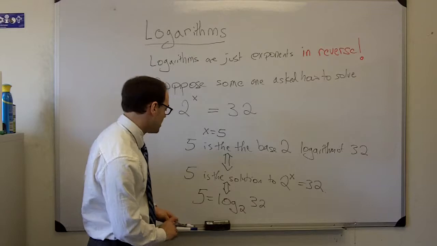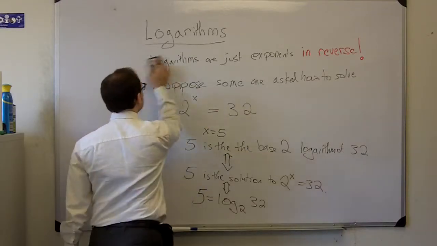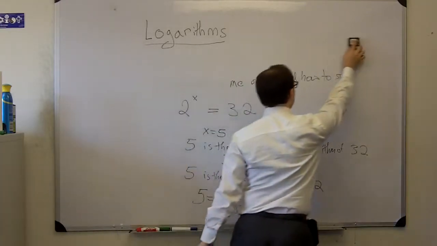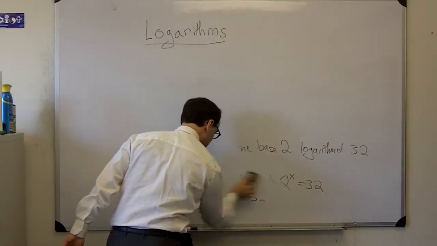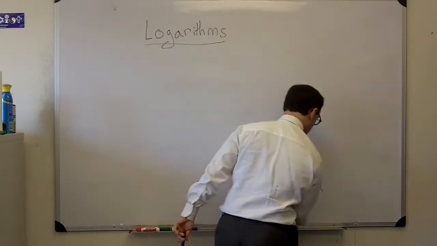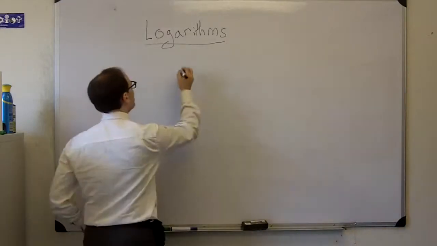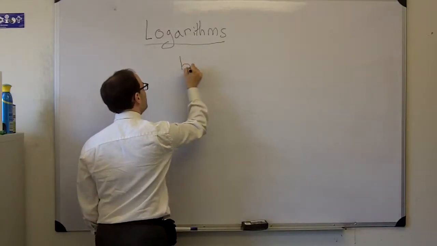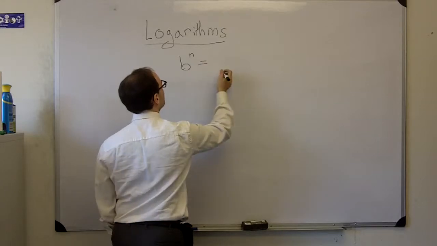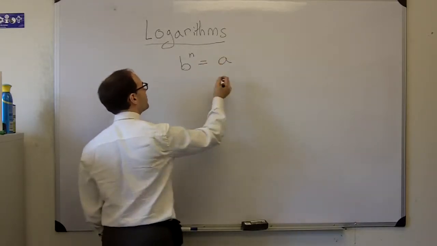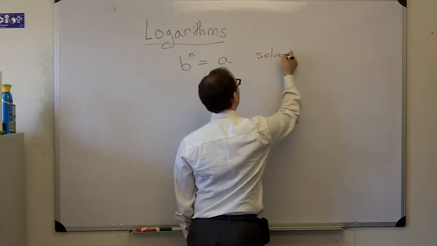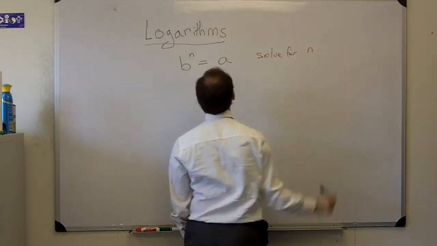Well, let me write it out a little more succinctly. If I have b to the n equals a, and I'm trying to solve for n, our job is to solve for n.